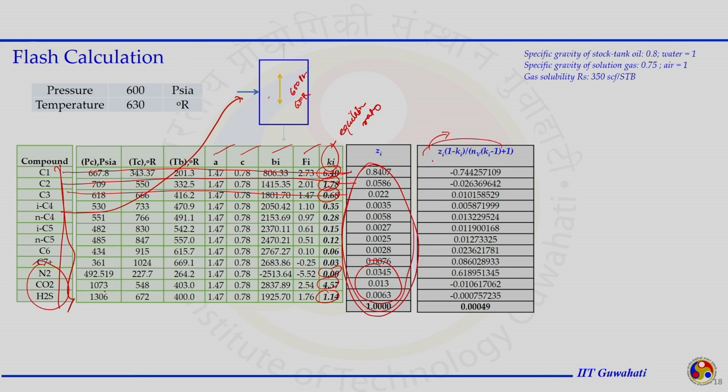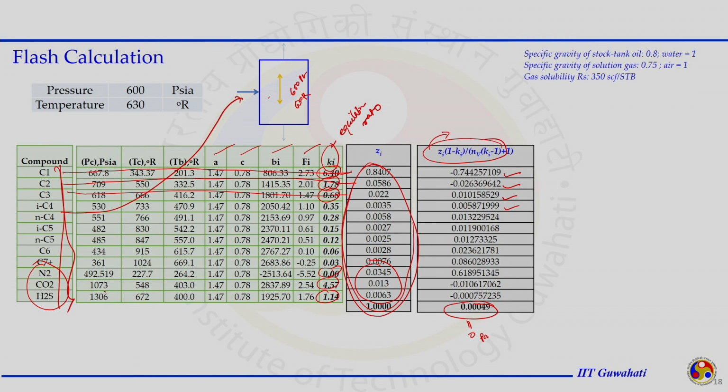If this expression is calculated for individual compounds and summed, and the summation is 0 for a particular value of Nv, that is the solution for Nv, and we know how to do that. We can set this cell by changing this cell Nv so that this cell reaches value 0 with the help of goal seek.